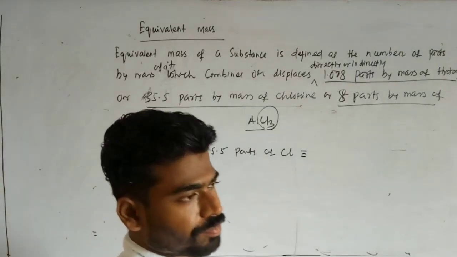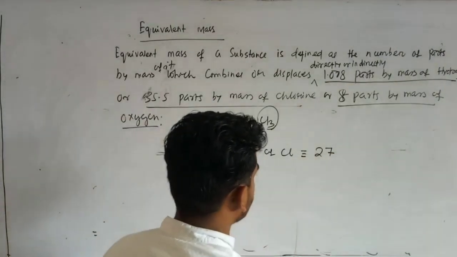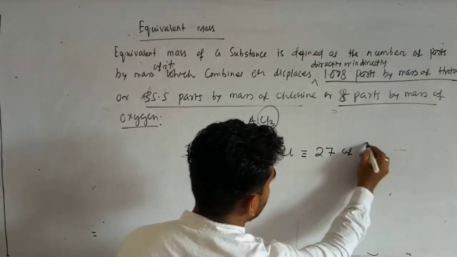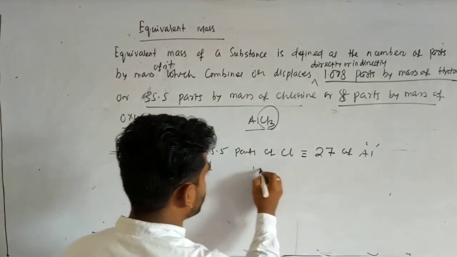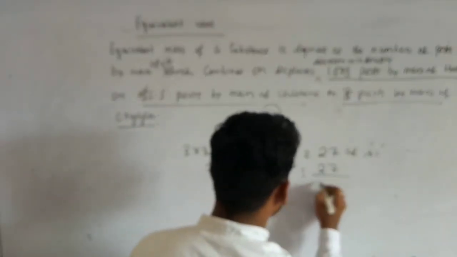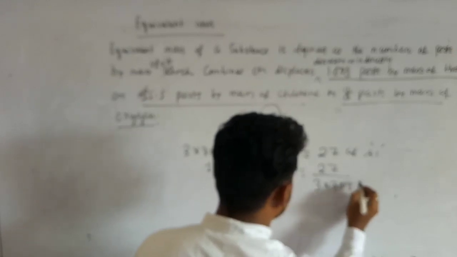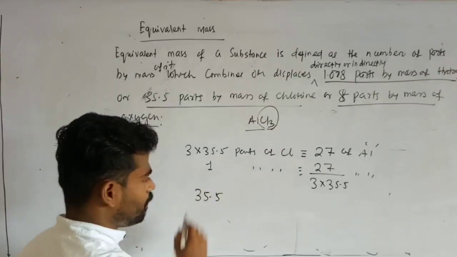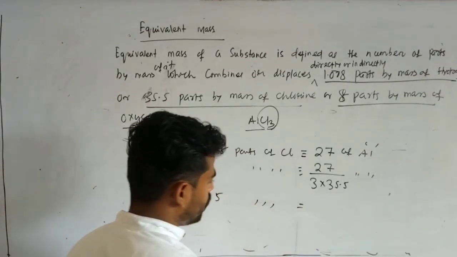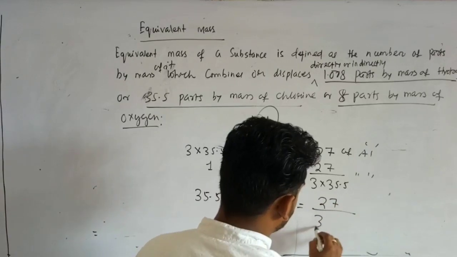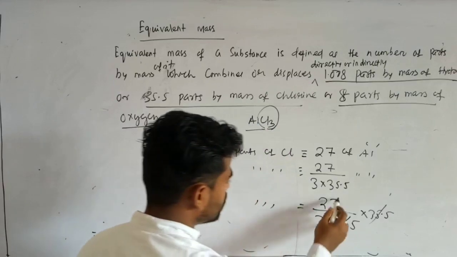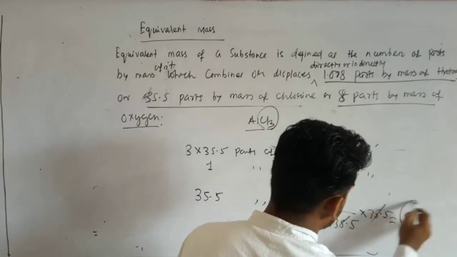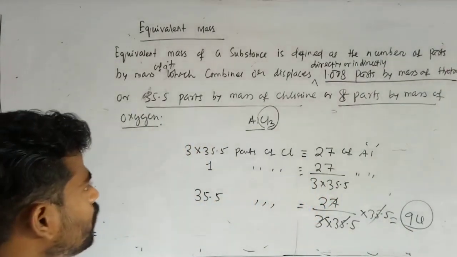Aluminum atomic weight is 27. So 1 part is 27 by 3 into 35.5 of aluminum. For 35.5 parts of chlorine, it equals 27 divided by 3 into 35.5 into 35.5. Cancel the 3, and that gives the equivalent weight of aluminum in aluminum trichloride.